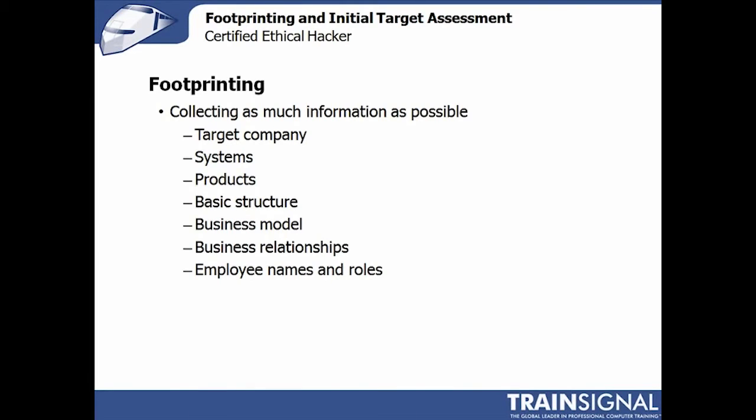This process of footprinting is all about collecting as much information as you possibly can about the target company's information, stuff that probably doesn't apply to your attack directly, but may give you some clues or some information that you're going to use later. All kinds of information about systems and about what's connected to the internet, what's not connected to the internet, what's connected behind internet-facing systems, what their business model may look like, who they use as their suppliers or their contractors.